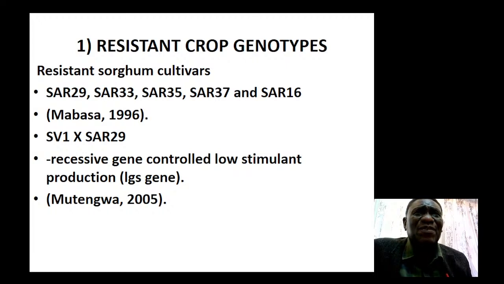These can actually be used to make some crosses which become resistant. For example, SV1 was crossed to SAR29.